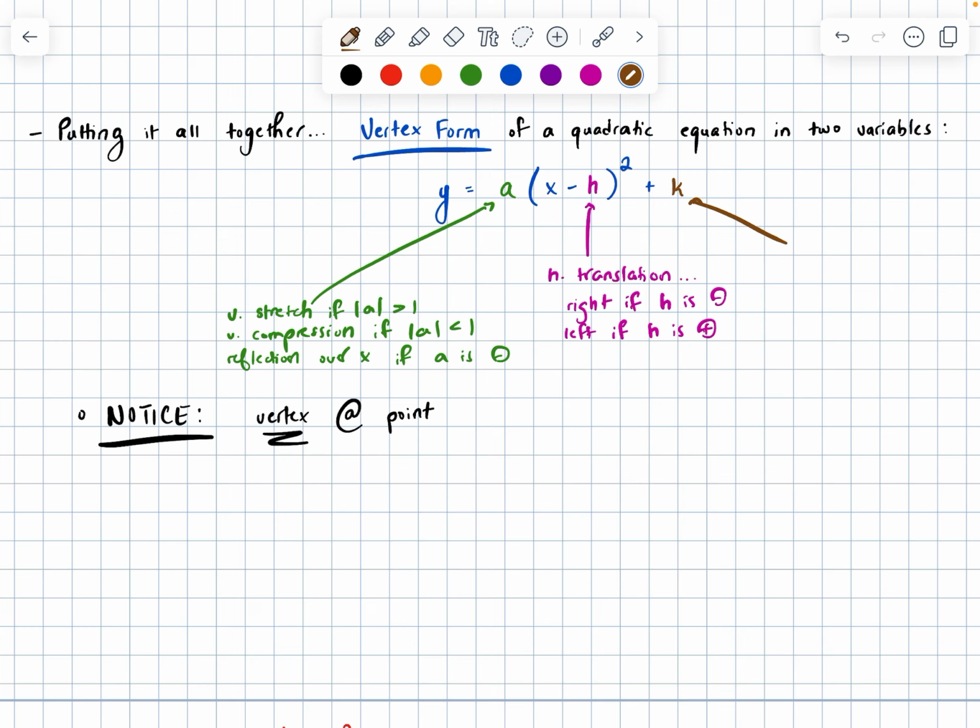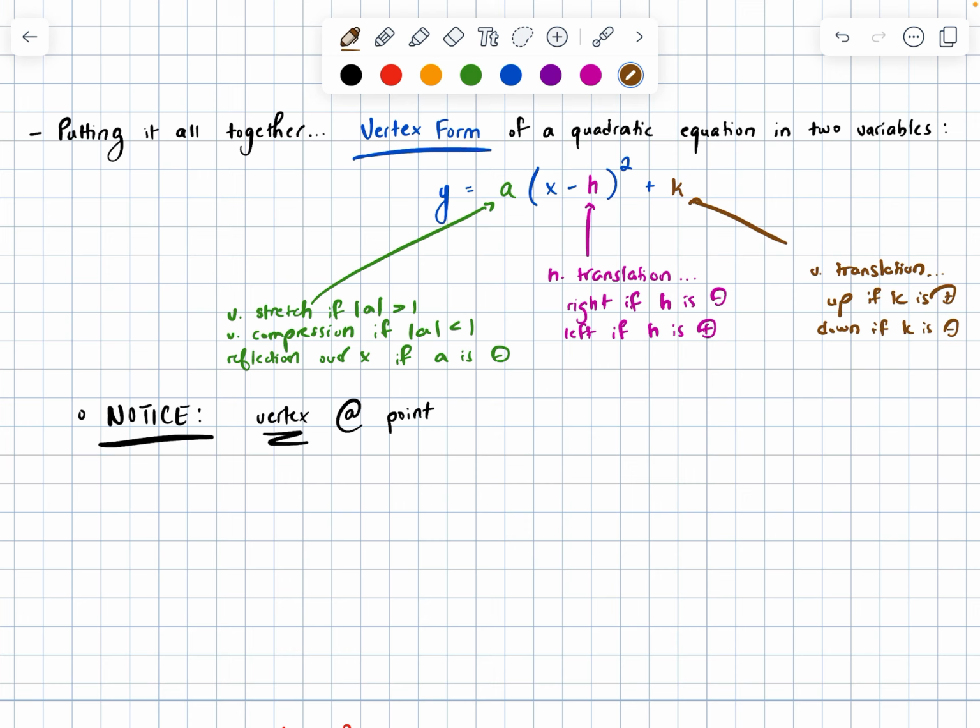And last but not least, this addition or subtraction by k outside of our square is responsible for our vertical translation. Here, if the value of k is positive, our graph moves up by k units. If k is negative, our graph moves down by k units.